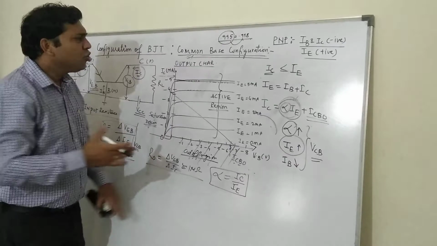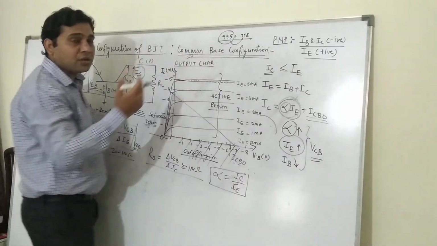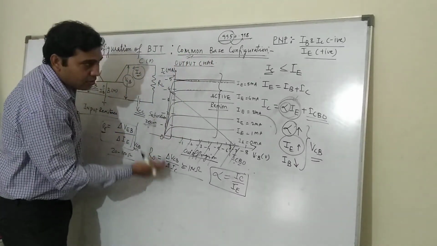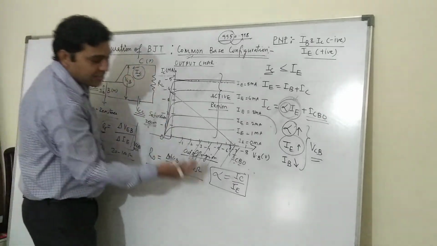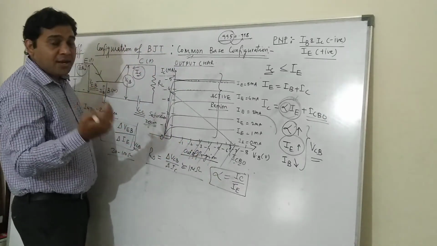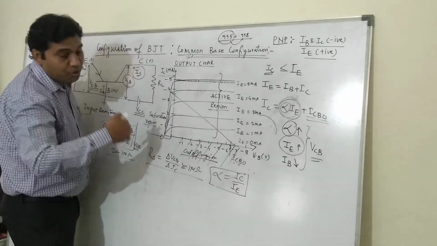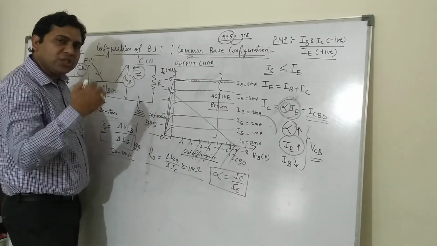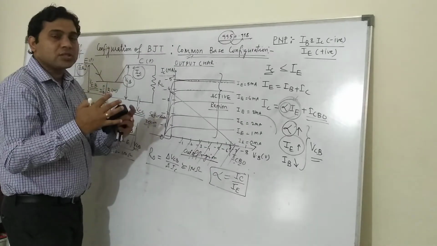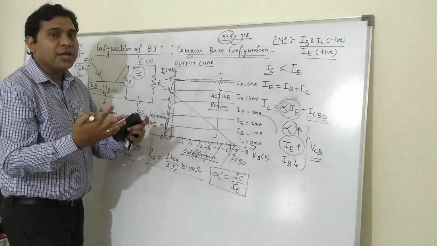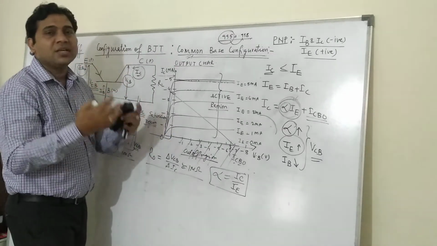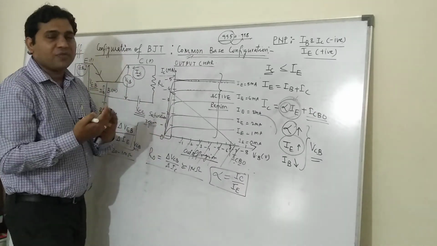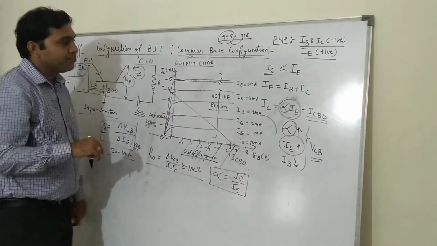If you want it high, you will not use the common base, because the common base has a current gain less than 1. Maybe you want very high output resistance, then you can choose this. Based on these, if you know the characteristics of the common base configuration, only then can you use it in a circuit. If you do not know them, you cannot use it.